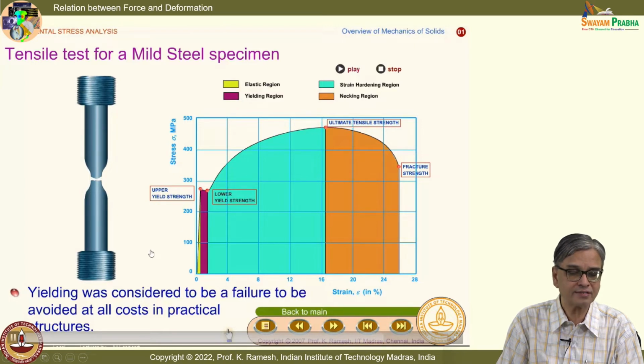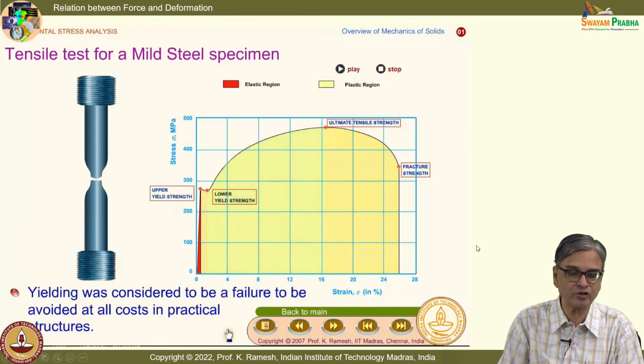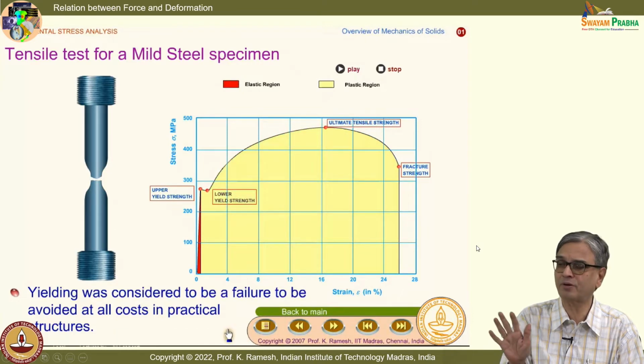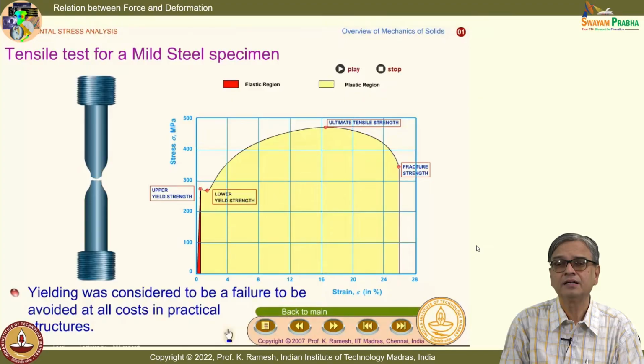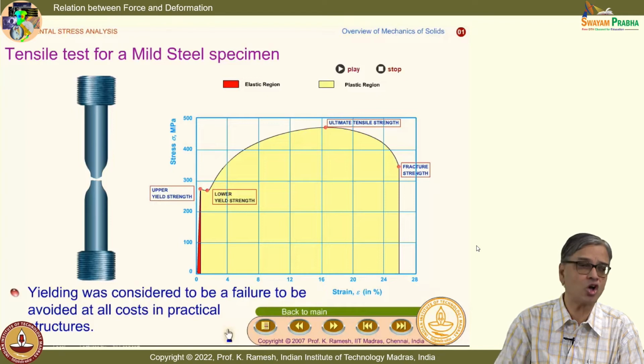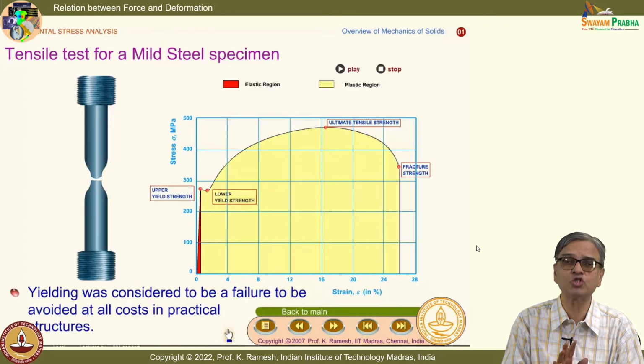So, what you do is, I have the final graph where I have a red region and yellow region. That graph you make a plot. Please make a neat sketch, because what I find is many of the books, when they talk about engineering materials, do not label the axis.